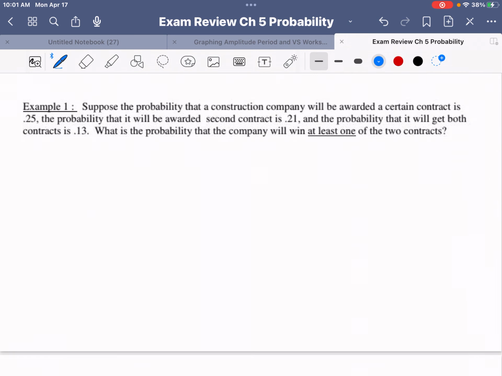Suppose the probability that a construction company will be awarded a certain contract is 0.25. The probability of being awarded contract 1 is 0.25. And the probability that it will be awarded a second contract is 0.21. Probability of C2 equals 0.21. And the probability that it will get both is 0.13. Probability of winning both C1 and C2 is 0.13.